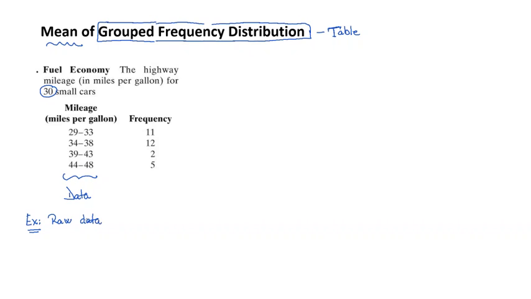I know it's very tempting to just take these numbers and add and divide by 5. That's what some students do, and that is wrong. Keep in mind, this is where the data are in these classes, and I don't really know what these values are. I just know that 11 of these values are between 29 and 33.